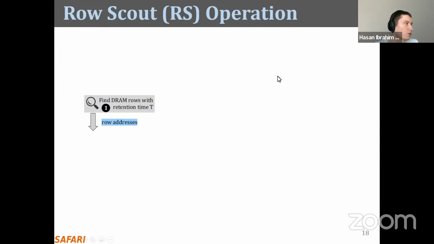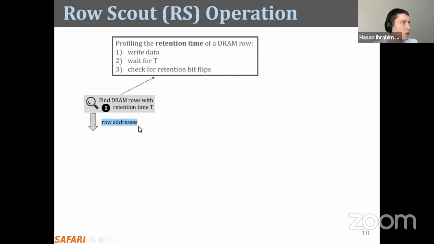Okay, so at the first step, we find all DRAM rows within a DRAM bank that fail after the retention time of T. And the output of this first step is basically these row addresses. And how do we do this? How do we find the rows that fail after the retention time T? It is quite simple.